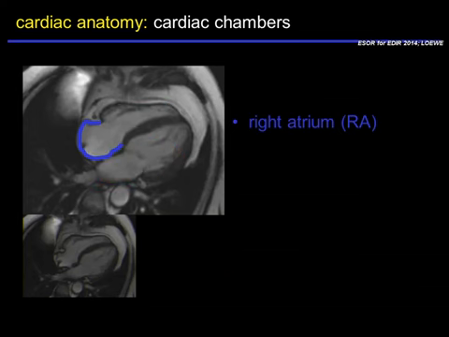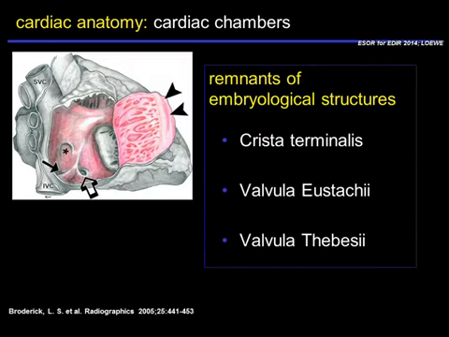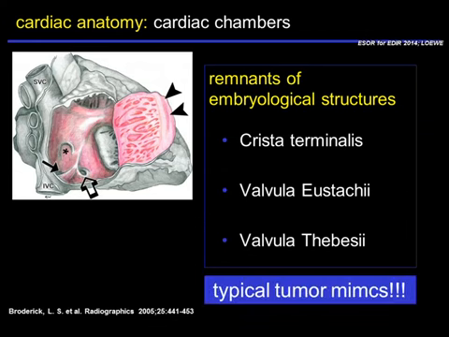Let's start with the right atrium. It's a very important anatomical localization. We have 3 remnants of embryological structures within the right atrium, consisting of the crista terminalis, the valvula Eustachii, and the valvula Thebesii, and all of them can be misunderstood or mistaken as tumors or even as thrombi, and that's why it's very important to be familiar with all of these 3 structures.